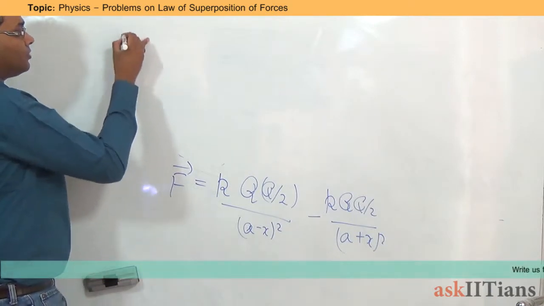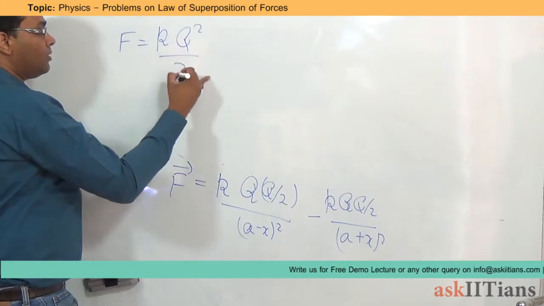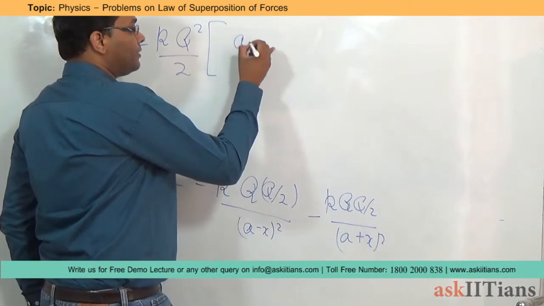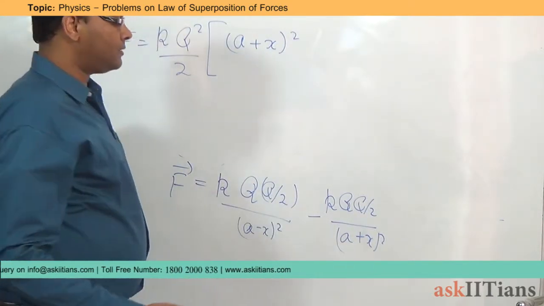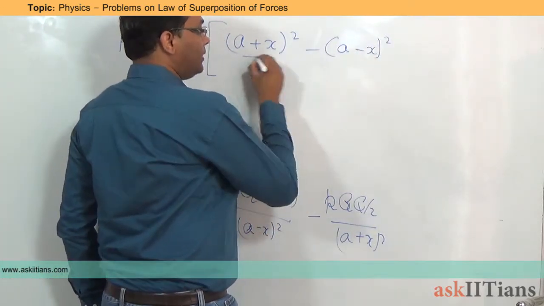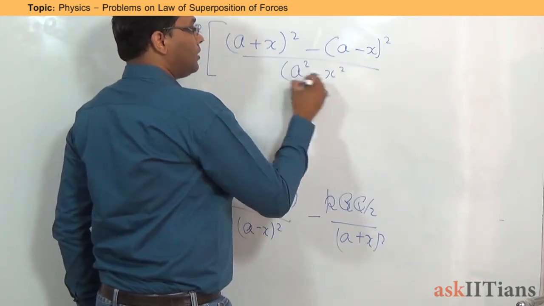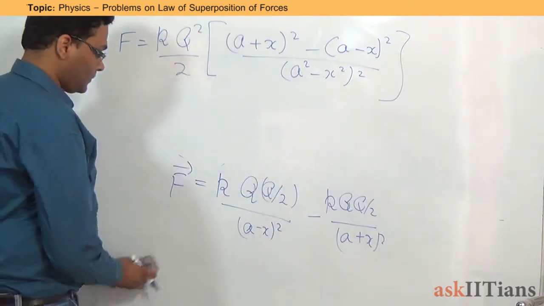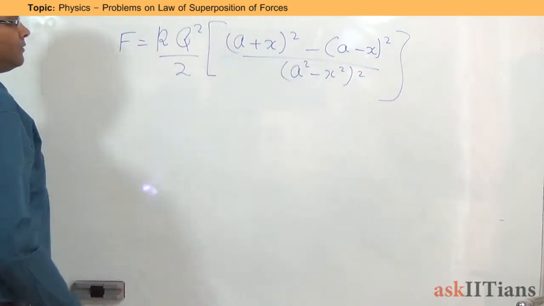So the factor, if I just rewrite this, K Q square over 2 factor, if I take it out common, I'll get A plus x whole square, I'm taking an LCM, and minus A minus x whole square, whole divided by A square minus x square whole square. Okay. So this is what we have.